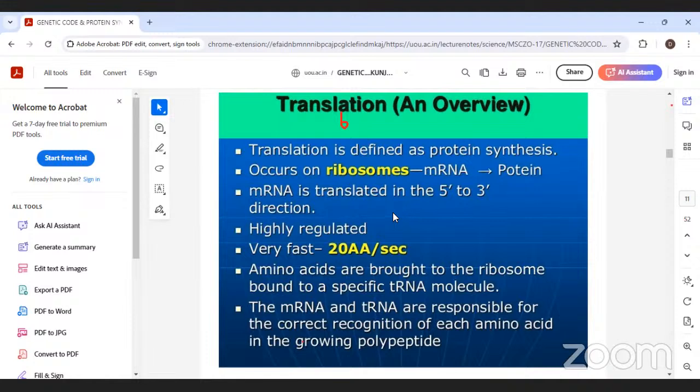Now I will explain translation. Replication, transcription and translation, these three are most important for protein synthesis.